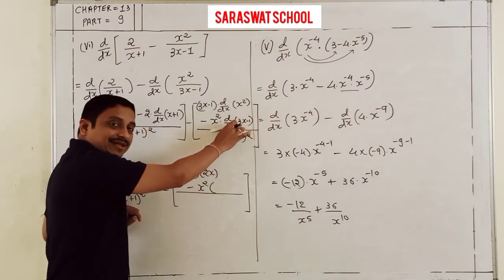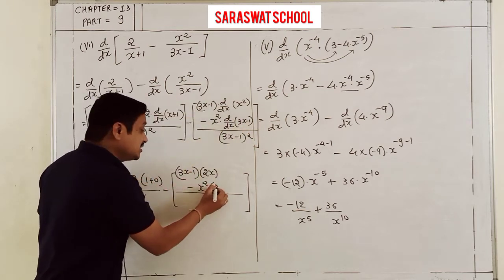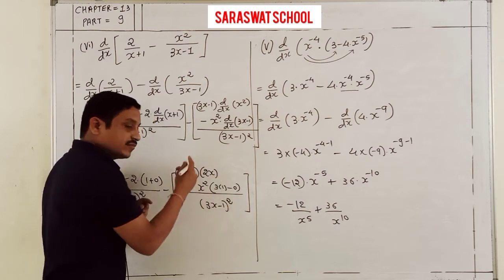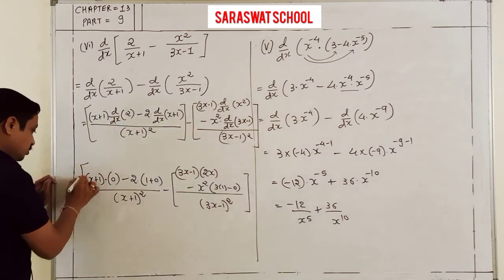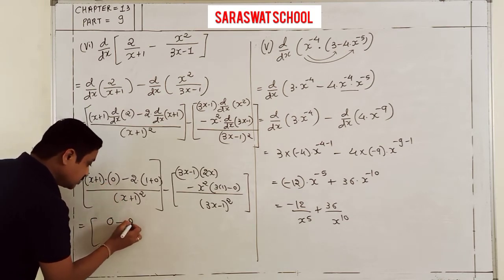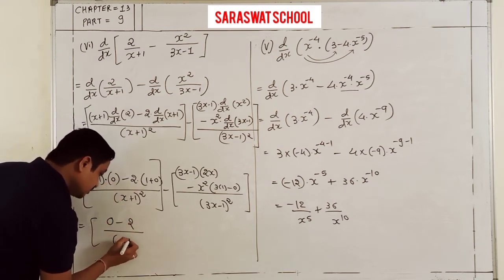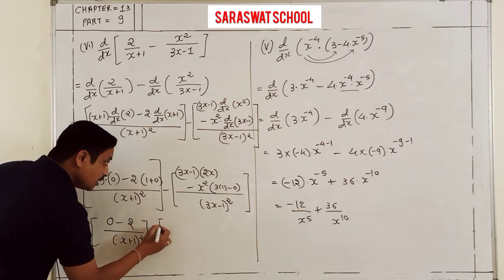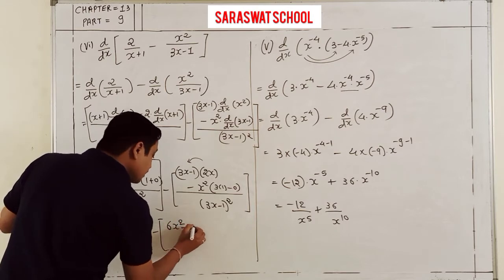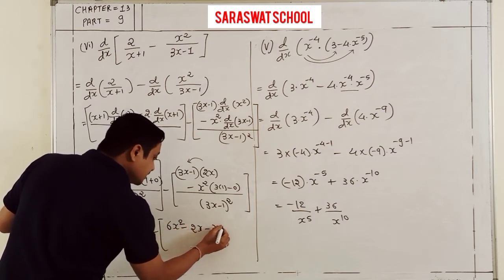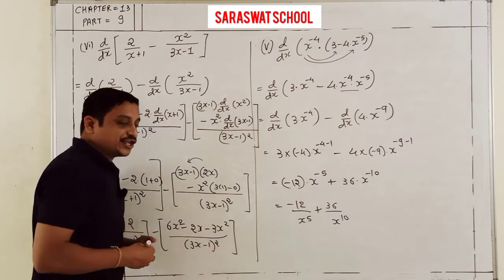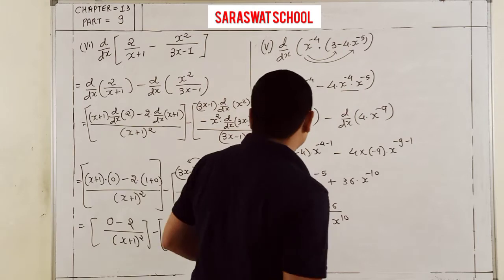Here derivative of 3x is 3, of x is 1, and the constant is 0, upon 3x minus 1 whole square. Now take the answers individually: here 0 minus 2 upon x plus 1 whole square. Here this multiply, so minus, the total 6x square minus 2x minus 3x square, and upon as usual. Finally you will arrange your terms and you will get the last answer.